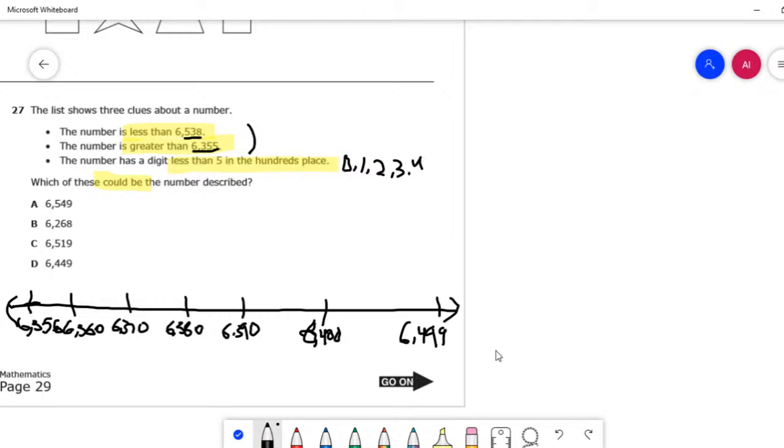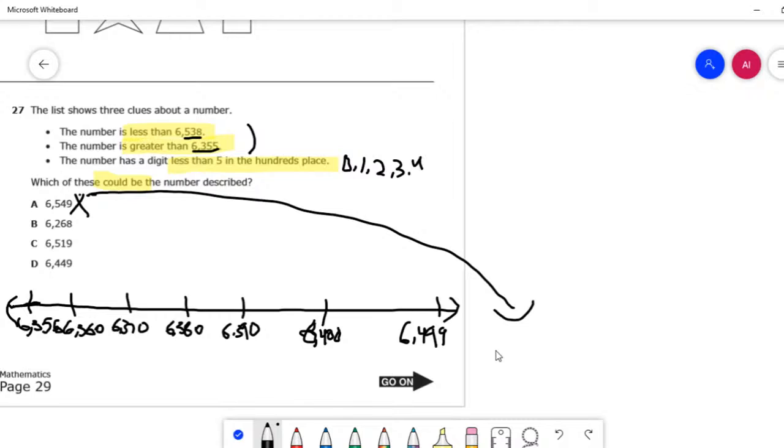So, which of these numbers could be described? 6,549 is answer choice A. And let's put this on the number line. Where would it be? Well, our number line ends at 6,499. So 6,549 would have to be somewhere over here, way outside our number line. So just like that, we know it's not A. 6,268.